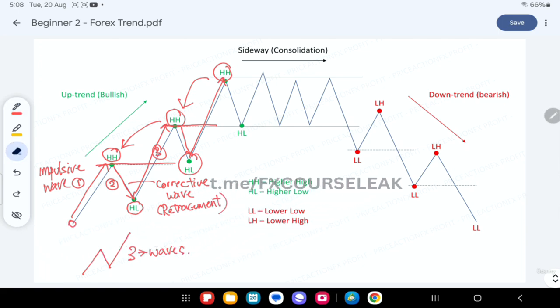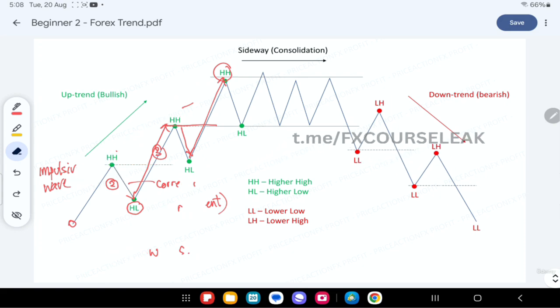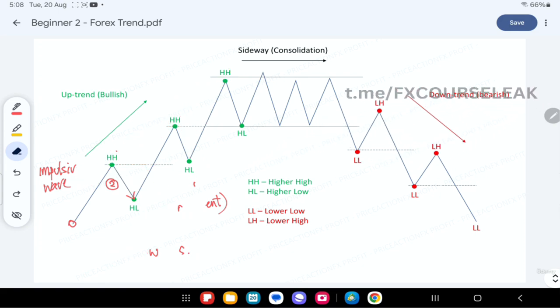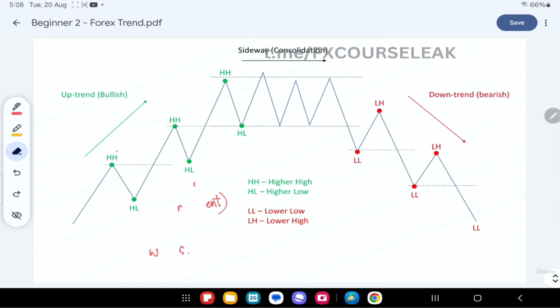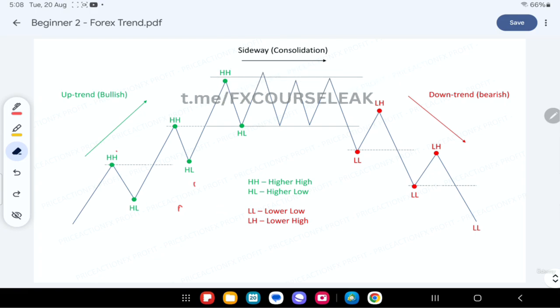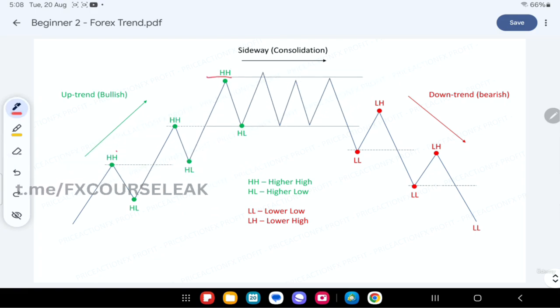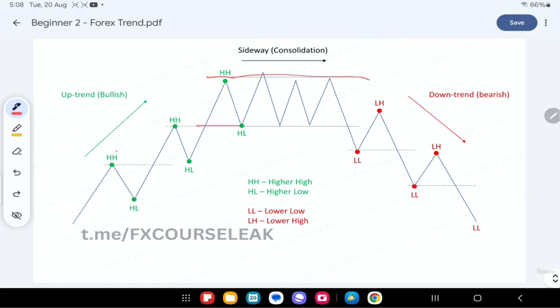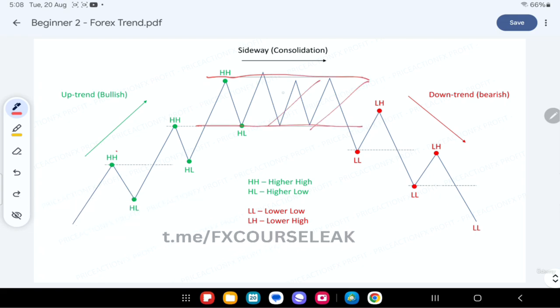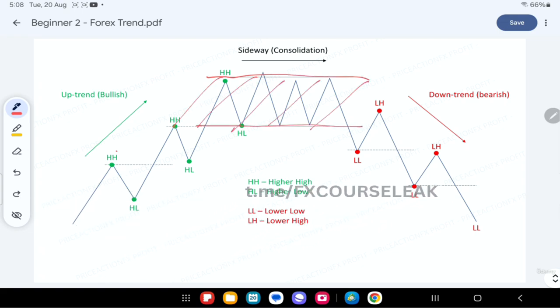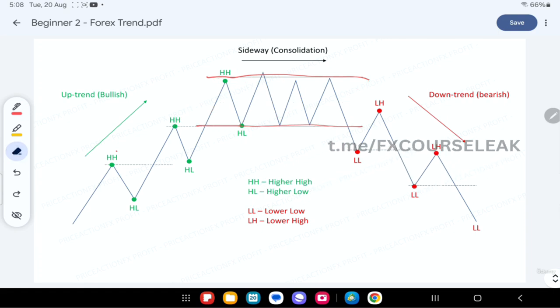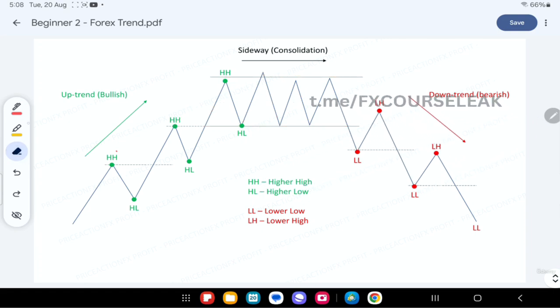So let's talk about the sideways. In a sideways, we can see the price is going up and down in between the zone. So in this zone here, price is actually keeping on going up and down, moving inside the zone.